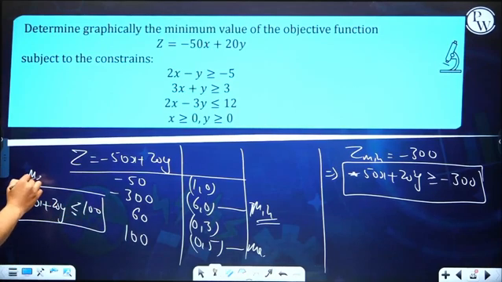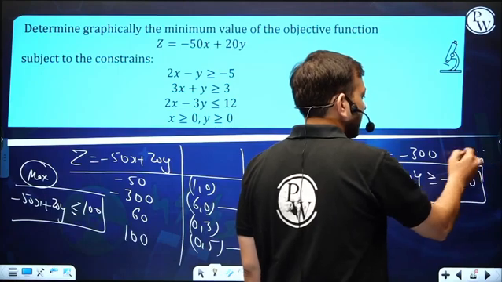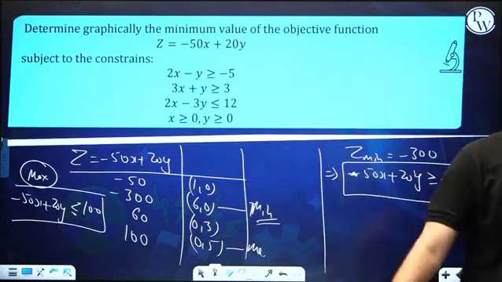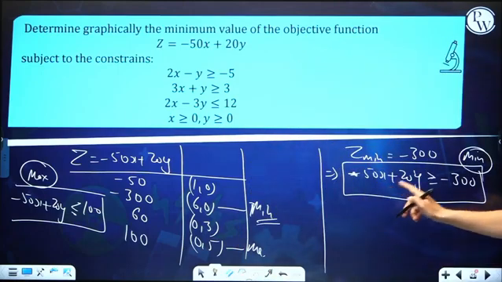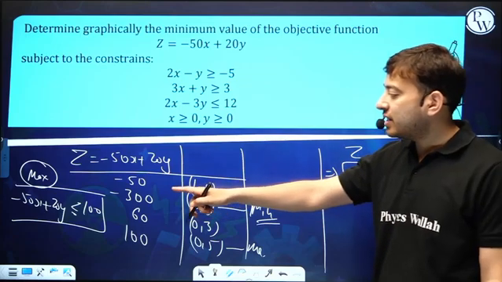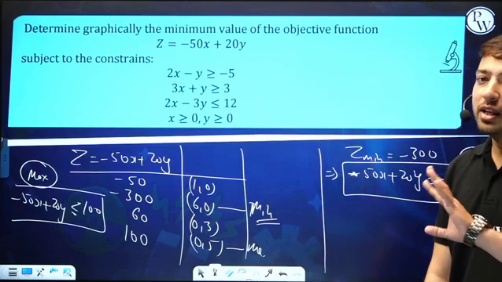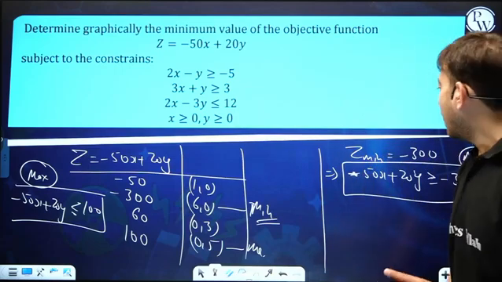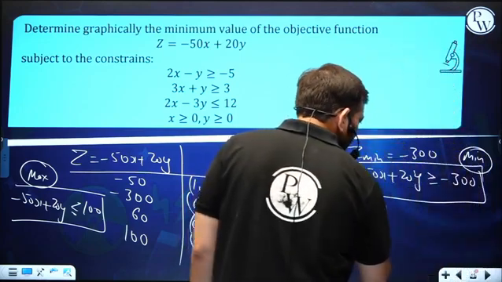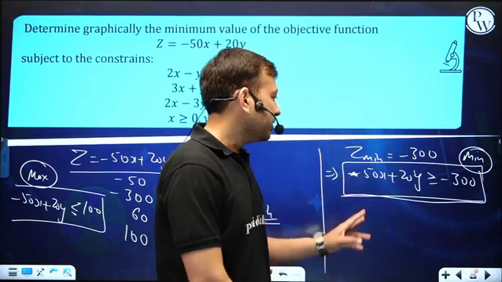So Z always will be more than the minimum value, and in the other case, Z will always be less than the maximum value. Both cases I'm telling you in the same question. Now, sir, this becomes one more equation for you.